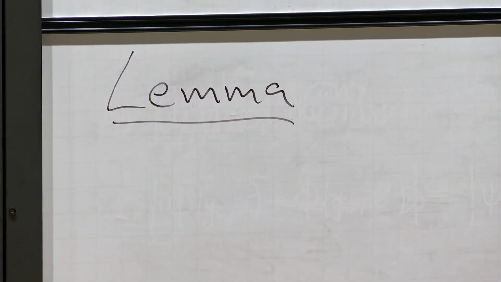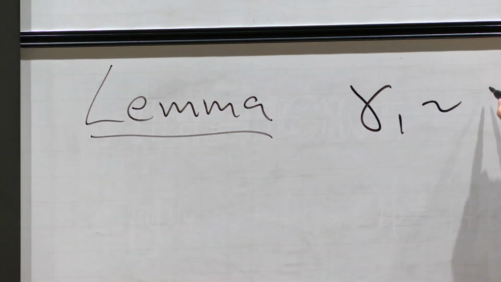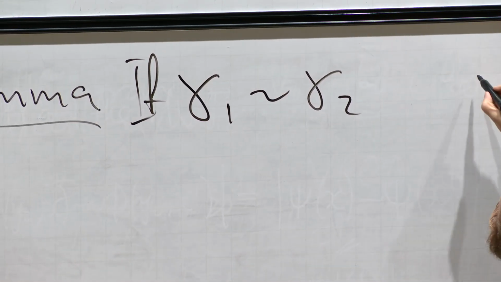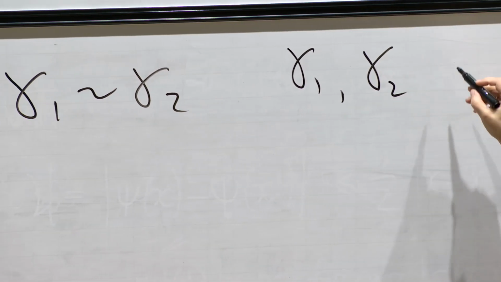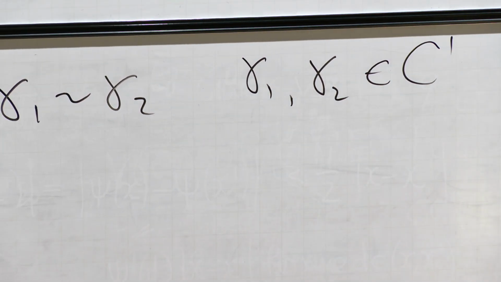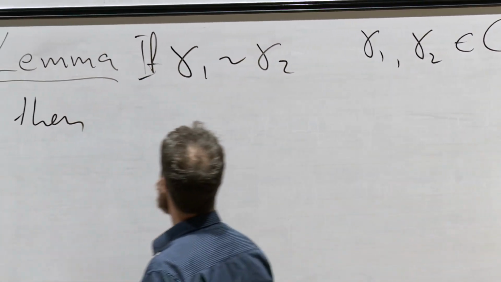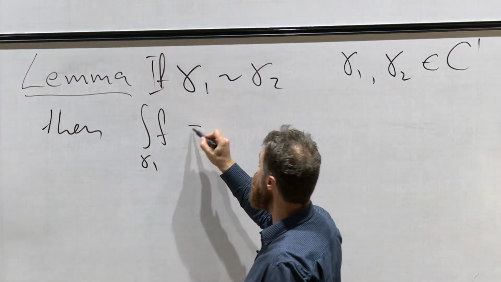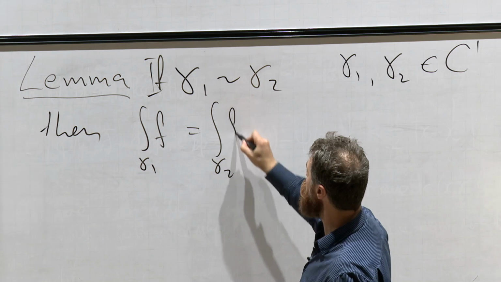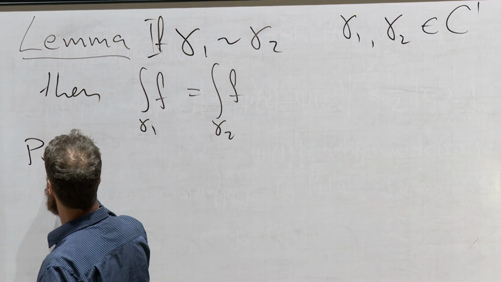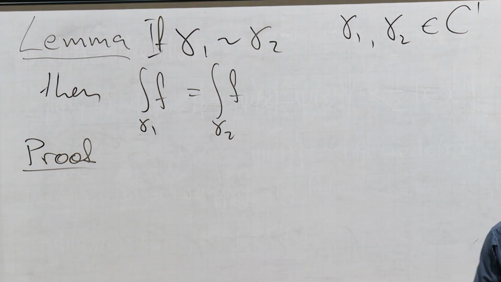If gamma 1 is equivalent to gamma 2, and they are both C1 or piecewise C1, then the integral along gamma 1 of f is equal to the integral along gamma 2 of f. So basically, it means that if we reparameterize a curve, then the integral does not change. And it's a very natural property to have, and it actually turns out to be quite straightforward.